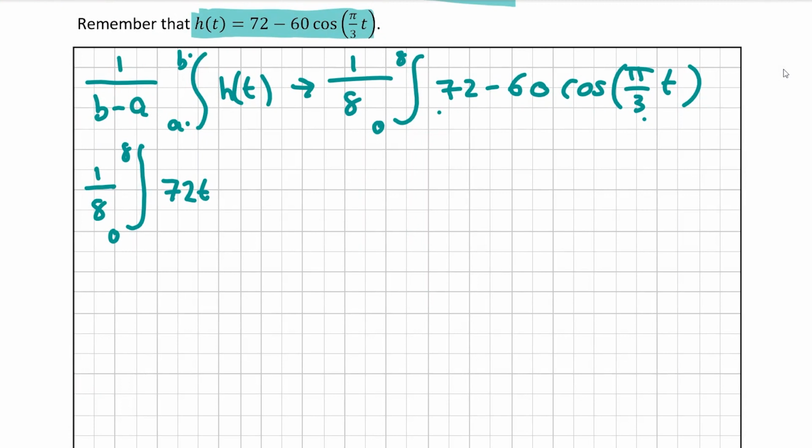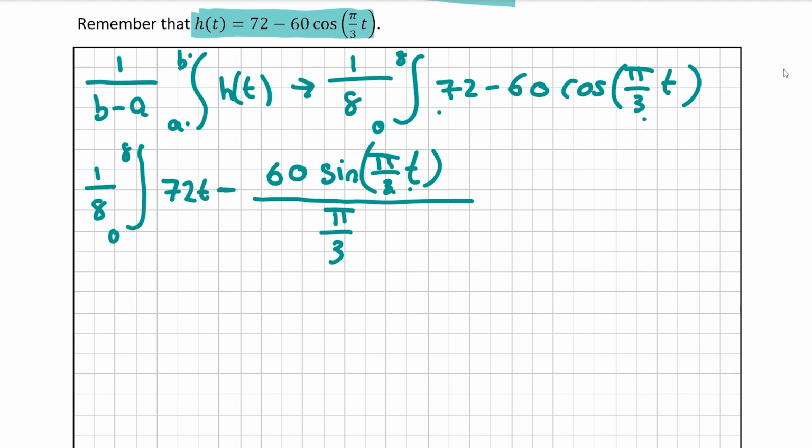So we already have 72t. You are then going to go minus 60 sine of pi over 3t. And then we have to divide by the coefficient of t. So divide by pi over 3.